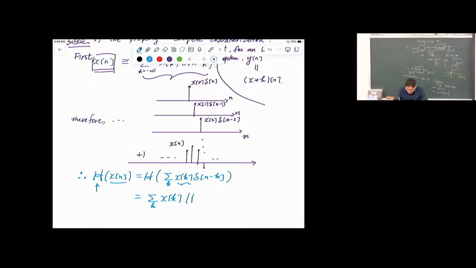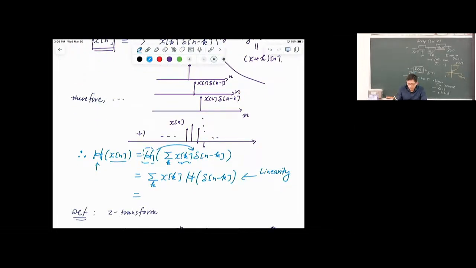So really, we can move the system operation inside the summation. And now we have this, and this is because of linearity.